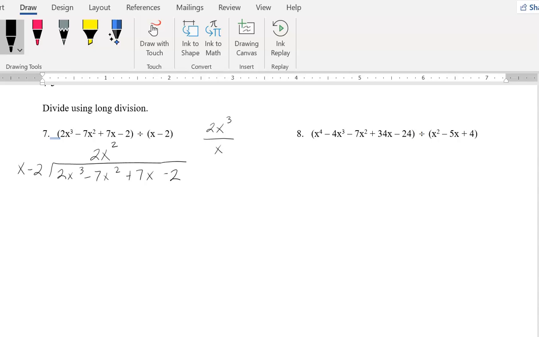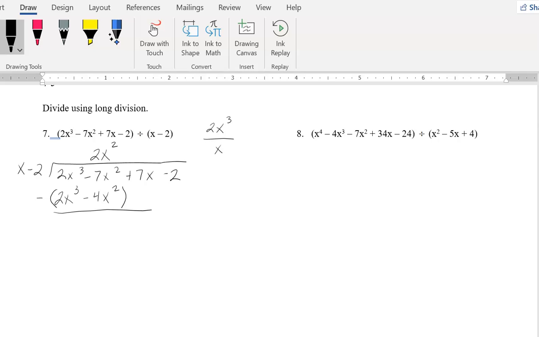And now that you found how many times x goes into 2x to the third, you multiply that by both of these terms. So 2x to the second times x, and 2x to the second times negative 2, that's negative 4x squared. And with long division, you always subtract, so you have to keep that separated from synthetic division, which is addition at this point. Okay, so the x cubes will cancel, so be careful here.